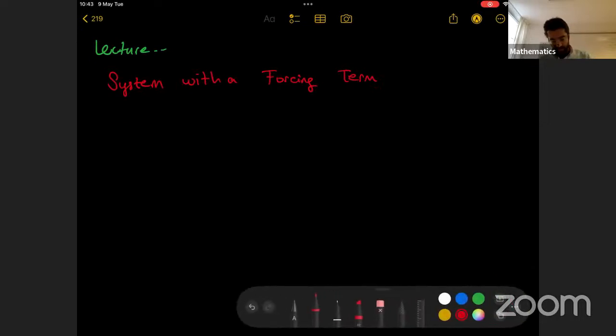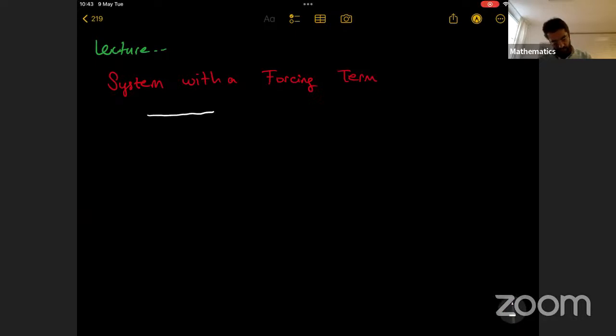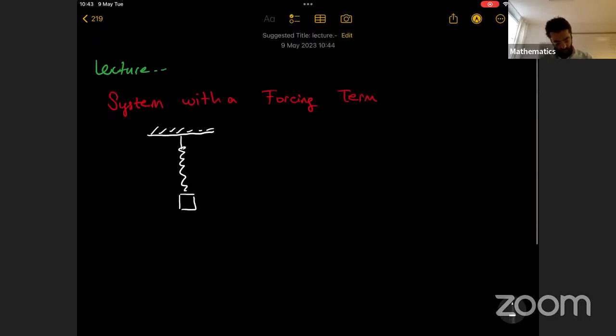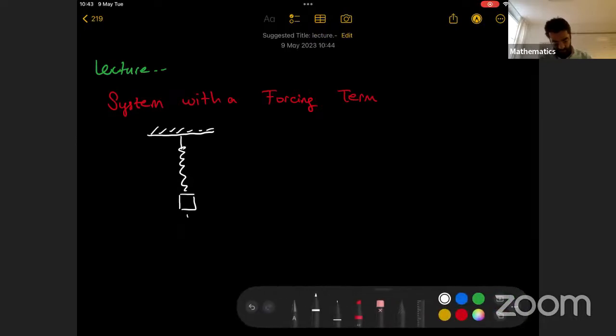Well, remember we had such a system. So there's a spring attached to a ceiling, and here there are some forces acting on this mass.